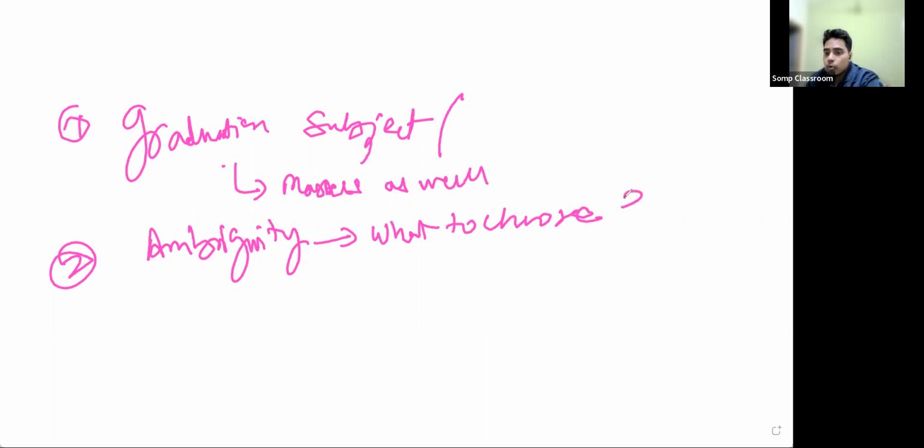This is the most confused category, and our session will be more focused on this category of students, those who have not chosen their optional yet and are more or less confused about what to do.